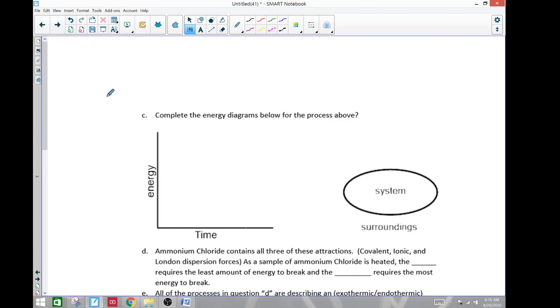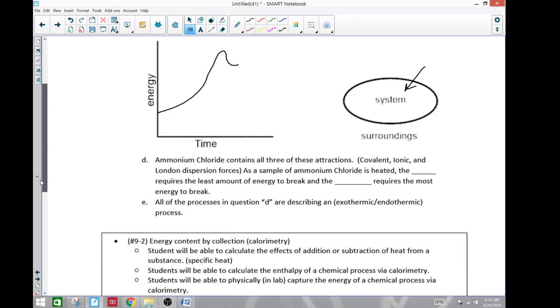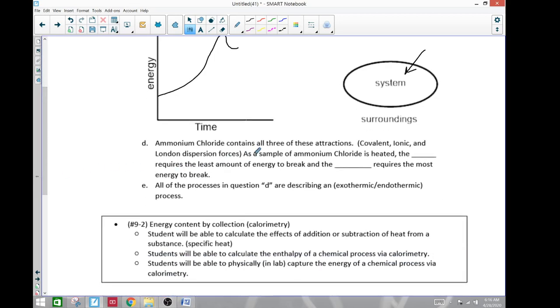Complete the energy diagram of the process. Okay, so endothermic would look something like this. Stuff's entering the system. Ammonium chloride contains all three of these attractions: covalent, ionic, and London dispersion forces.